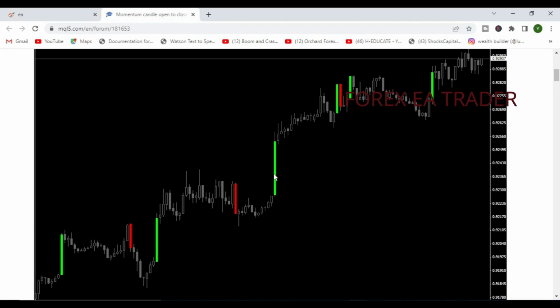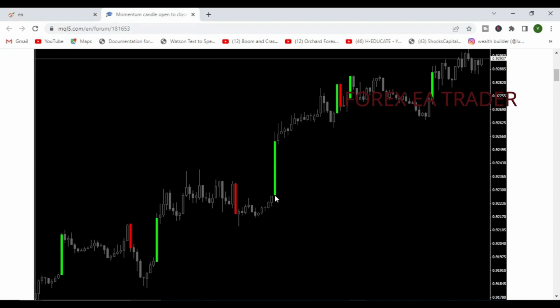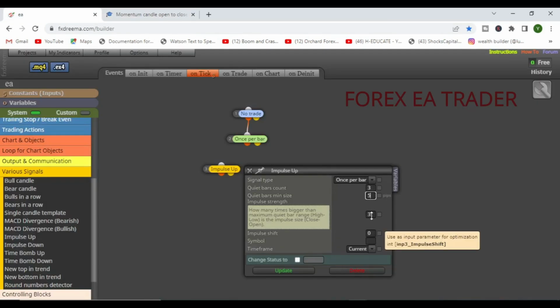How many times bigger do you want it to be than the biggest of these quiet bars? That's what we are talking about here. We are only going to be looking at the open and the close, not the wicks. The default here says 3.